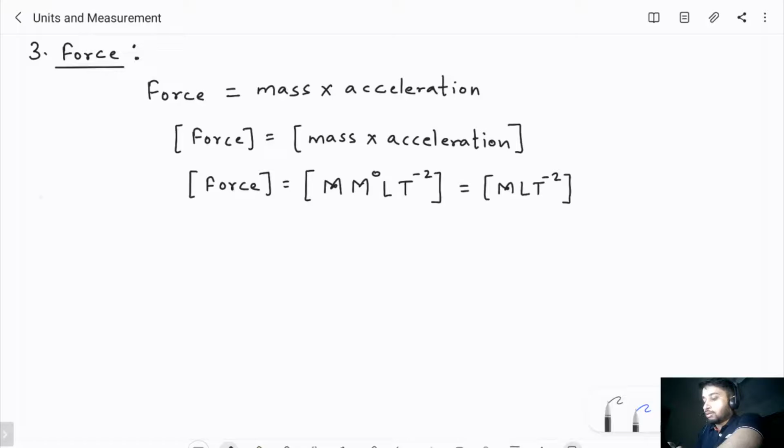The next we'll see is work. So again we have to go to the basics. The formula for work that we have is, work is force into displacement.